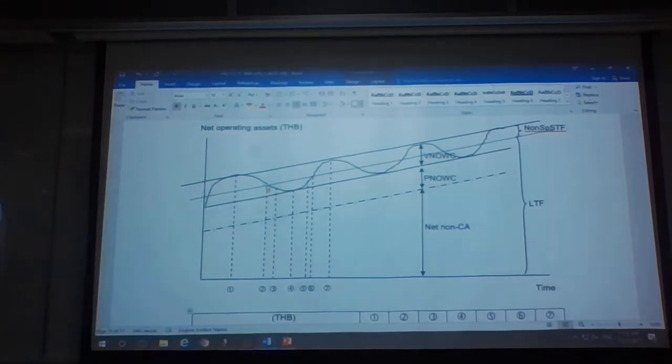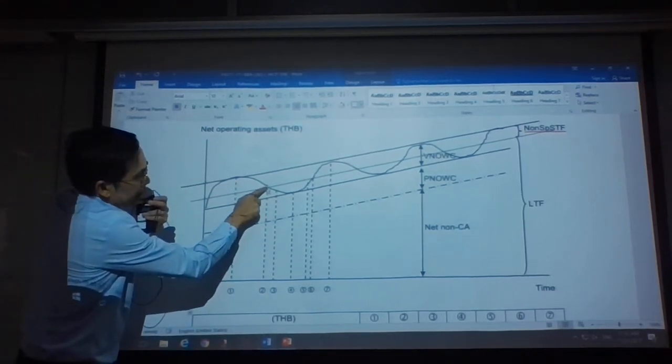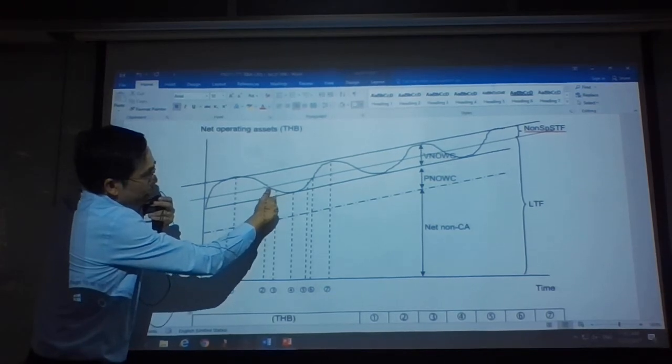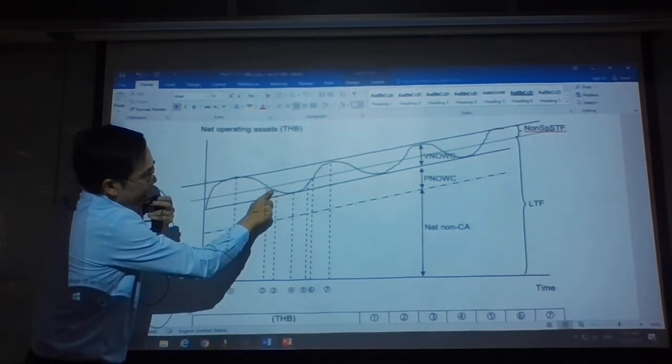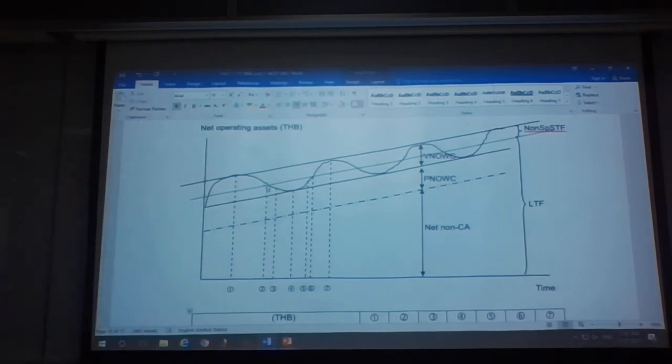It is going to get some cash from selling inventories, either on cash or credit. Therefore, your total assets between point 2 and point 3 will be according to the curve.